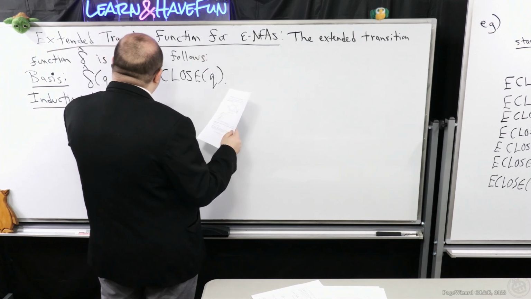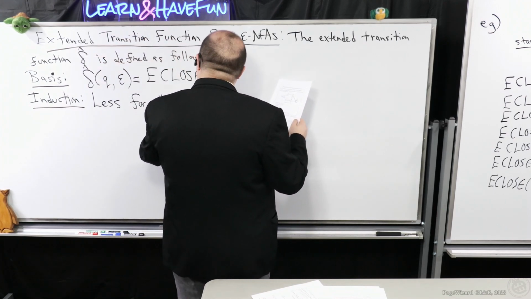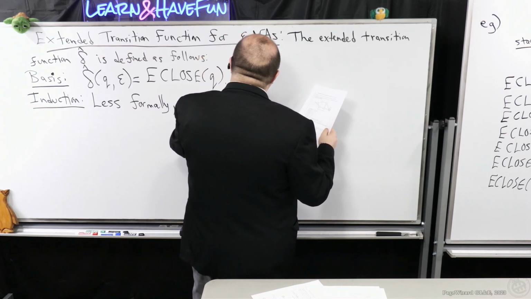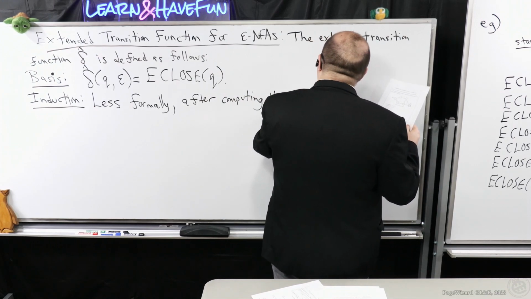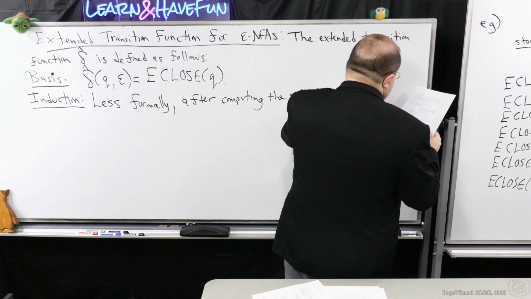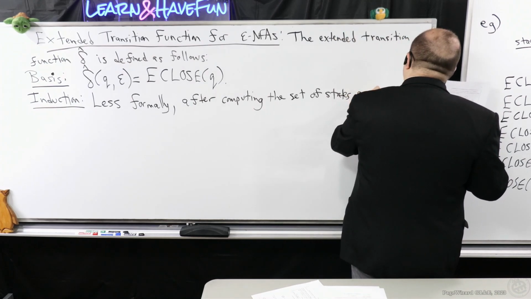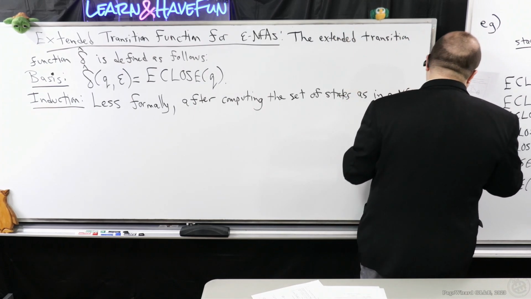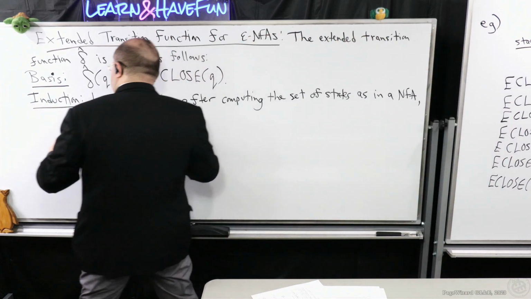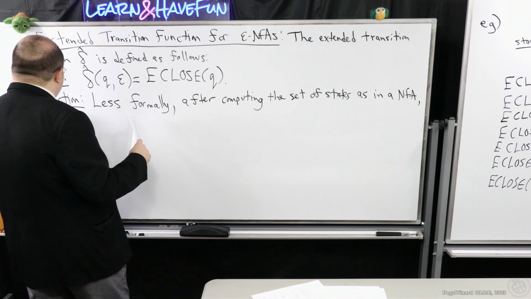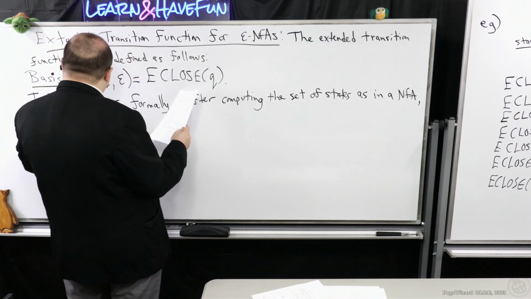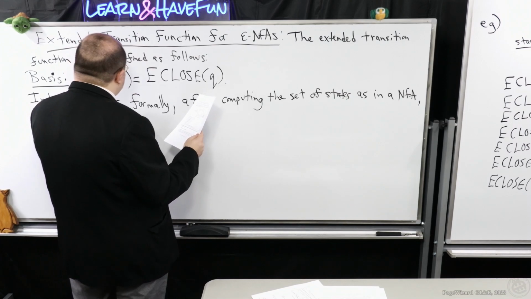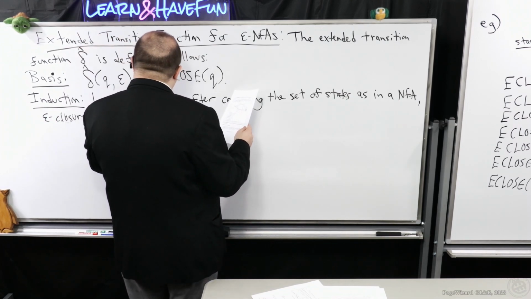Less formally, after computing the set of states as in an NFA, epsilon closure is applied to all the resulting states.